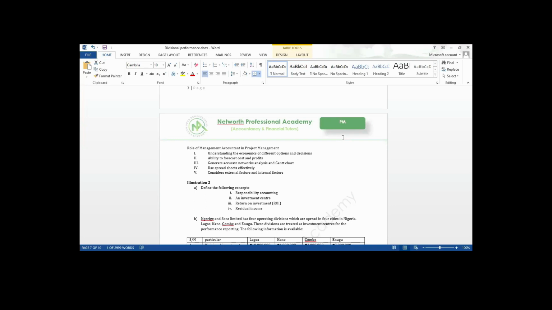Number two, the accountant must be able to forecast cost and profits. What are the costs to be incurred in respect of the project? What are the revenue to be generated?